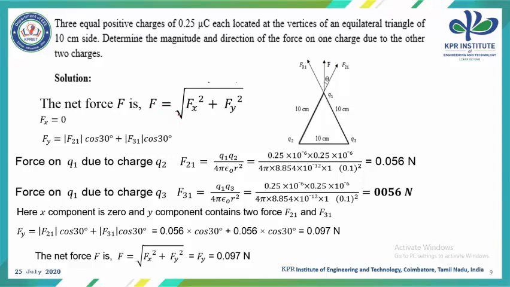Therefore F is equal to the square root of Fx squared plus Fy squared. We want to find Fx and Fy. Here there is no force acting in the horizontal direction because the force is acting in the vertical direction only. Therefore, Fx is equal to 0. We want to find Fy.